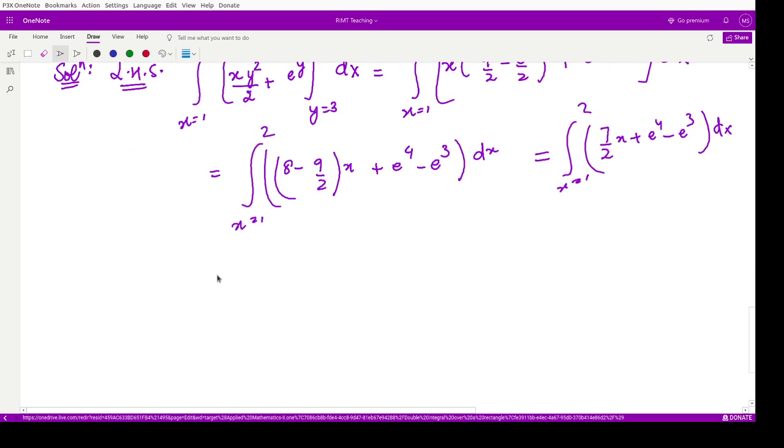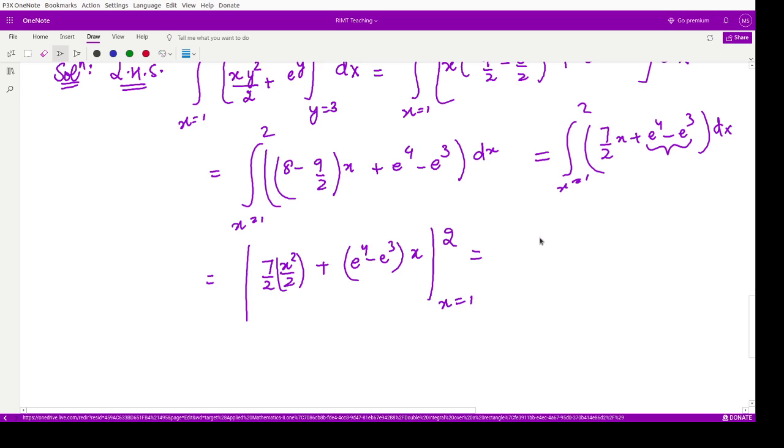Now we have to perform the integration with respect to x. It would be 7 by 2 x square by 2, right? Plus, now these are constants, so we multiply these with x, and the limits of x are from 1 to 2.